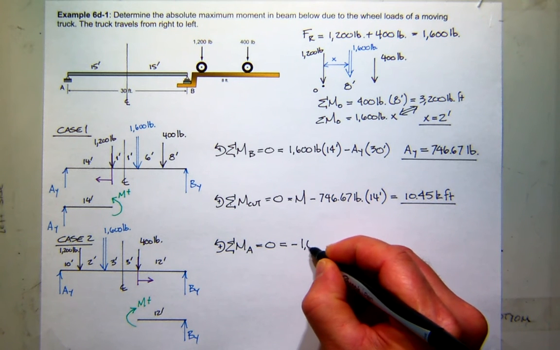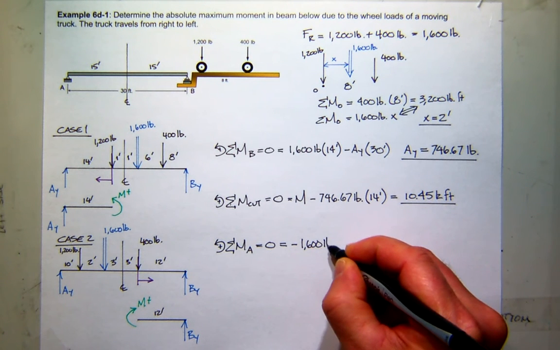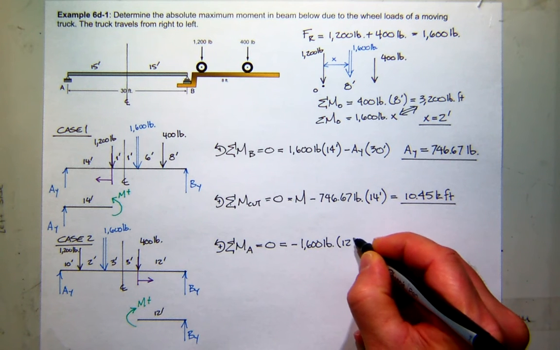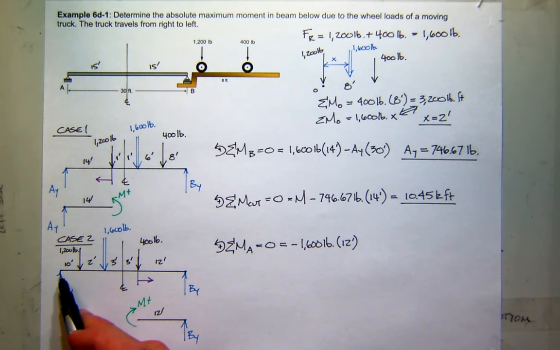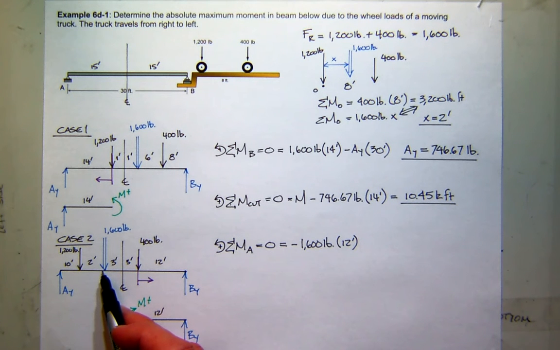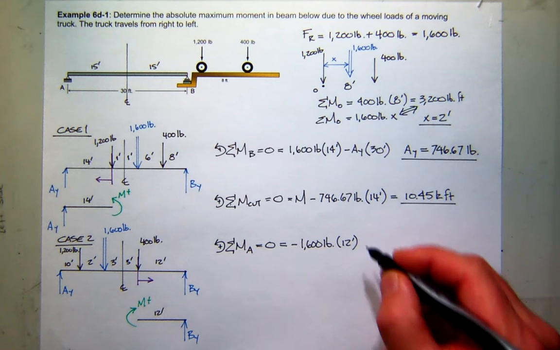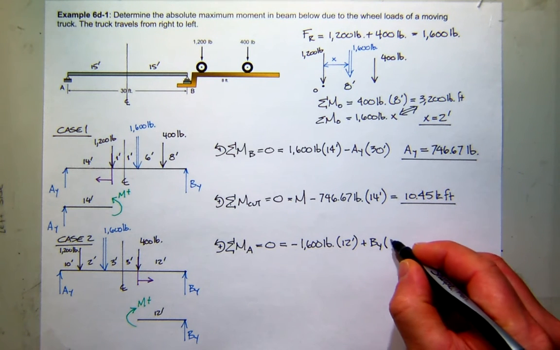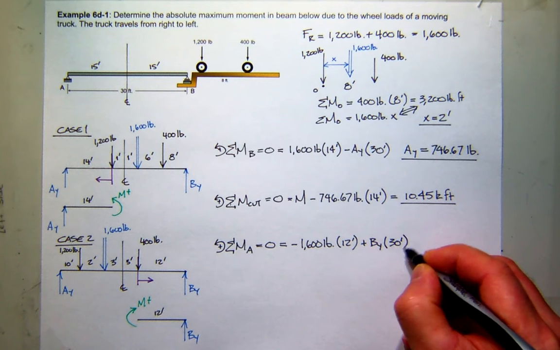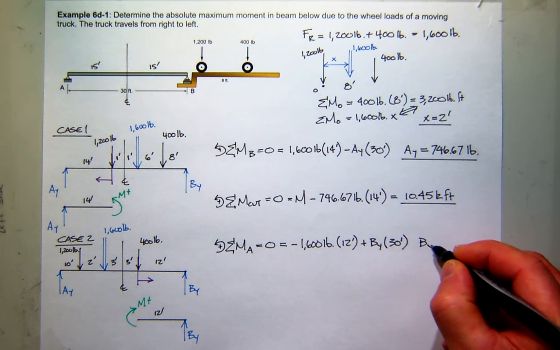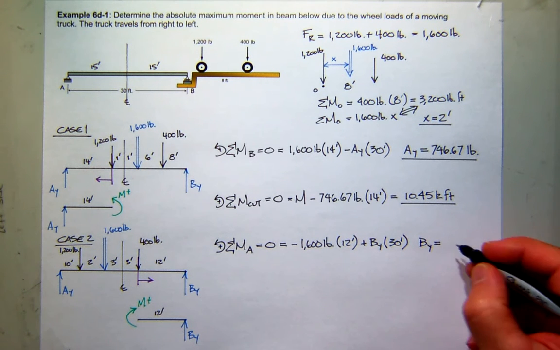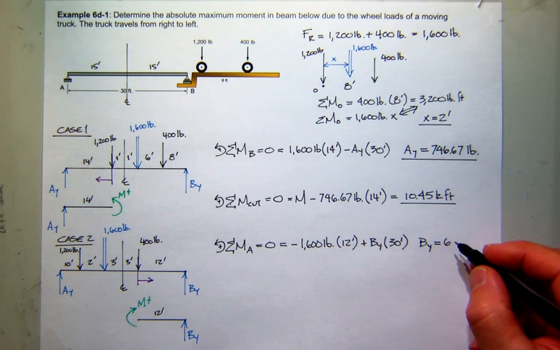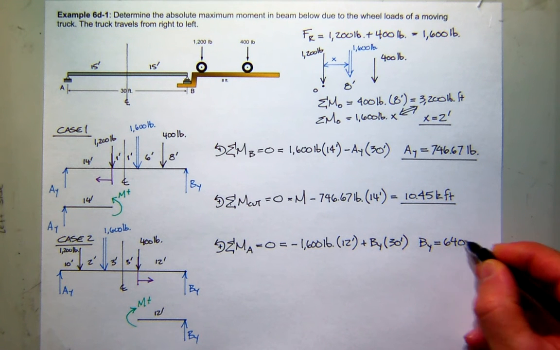So I have 1,600 pounds times 12 feet. So that's the moment about A due to just the resultant force. And then I have By, which is creating positive moment, and its moment arm is 30. So what's By equal to? Exactly? 640 pounds.